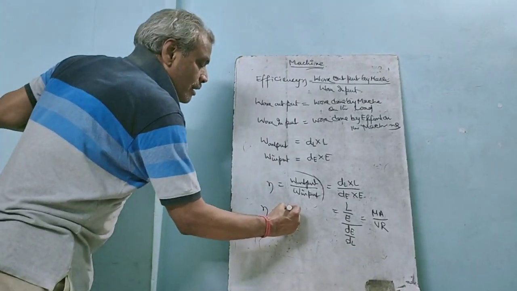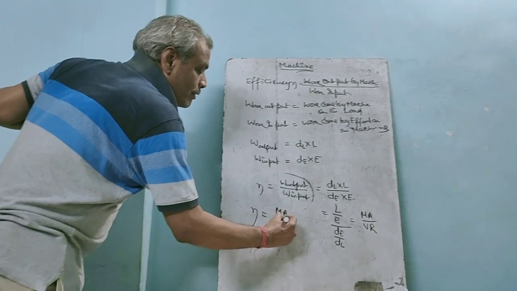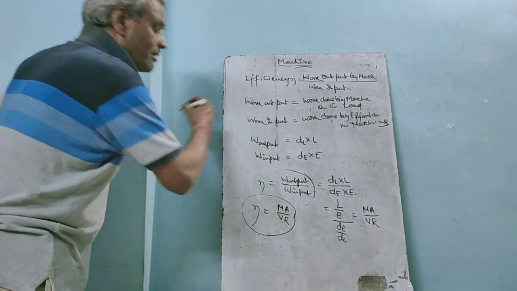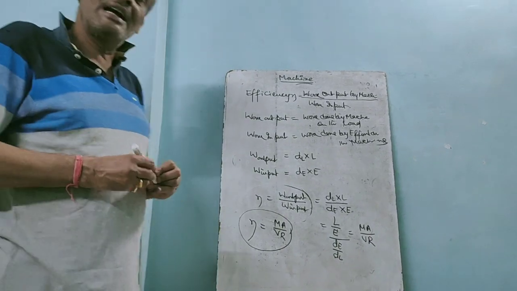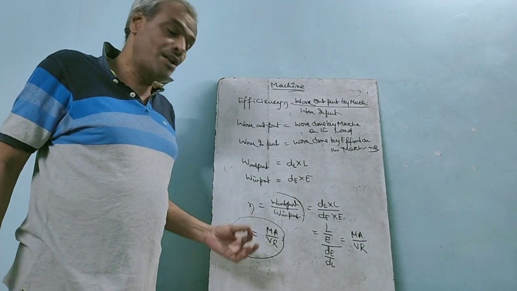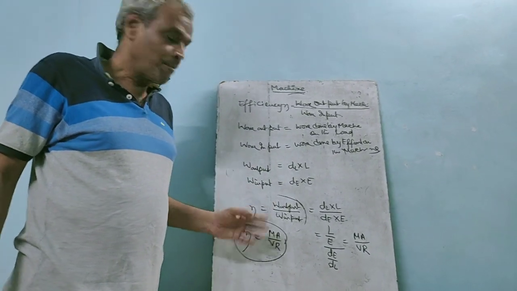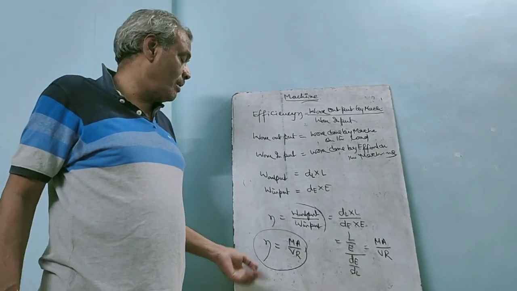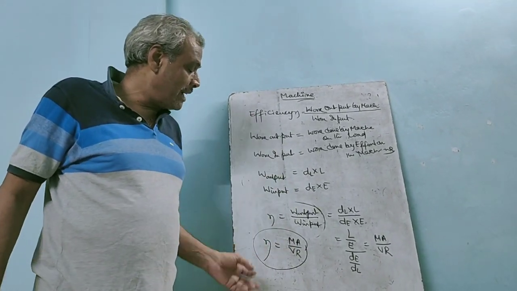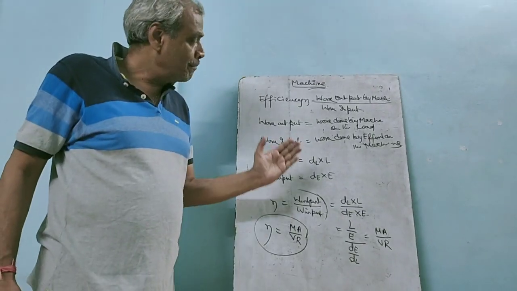So efficiency equals mechanical advantage upon velocity ratio. This is the relation between efficiency, mechanical advantage, and velocity ratio.